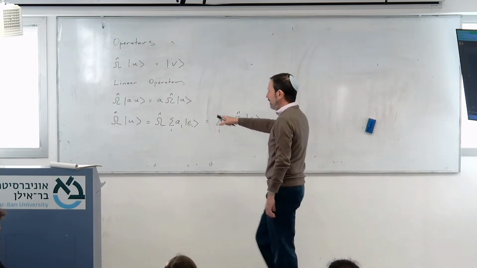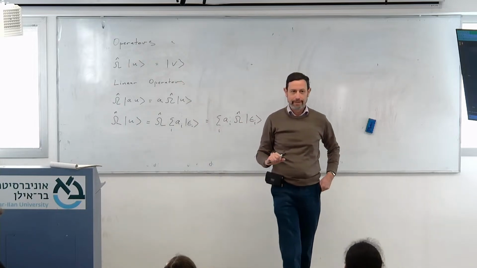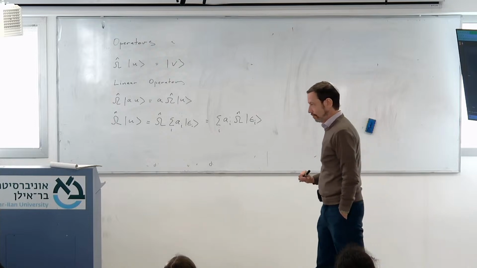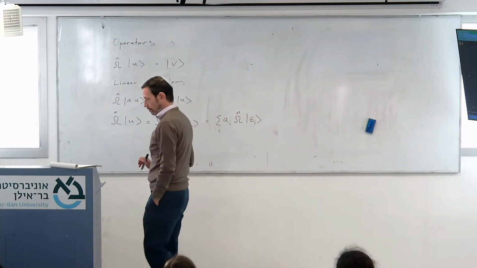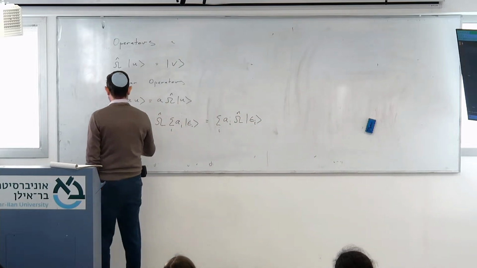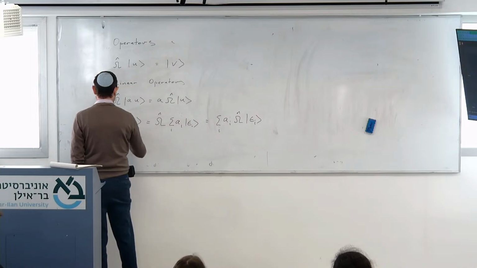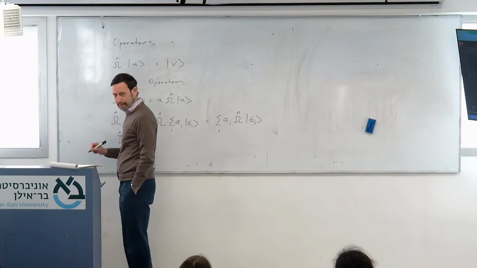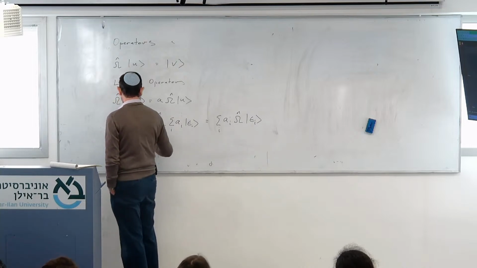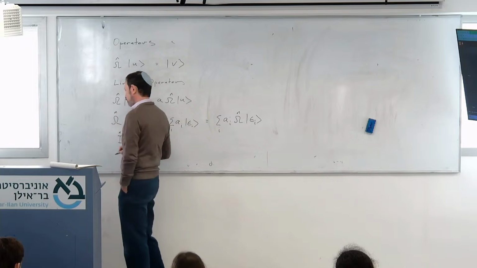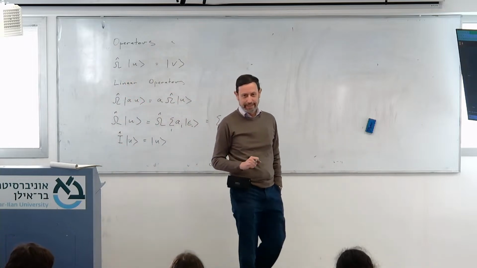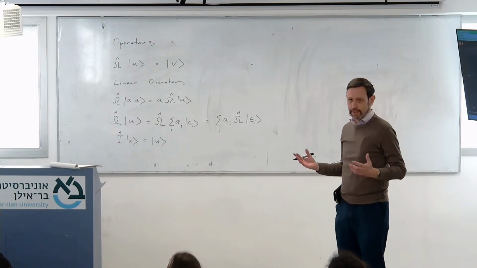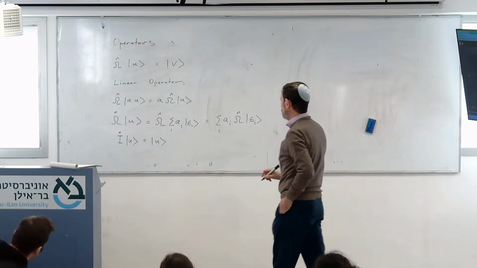That's because it's a linear operator. Okay, for the mathematically inclined, I also need the identity operator, which tells me that you use it on a vector, and it gives you the same vector. That's the identity.